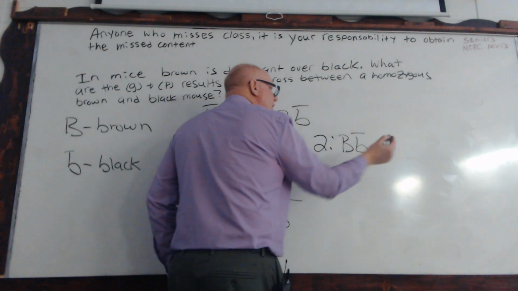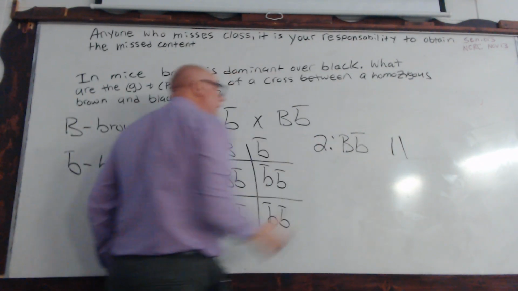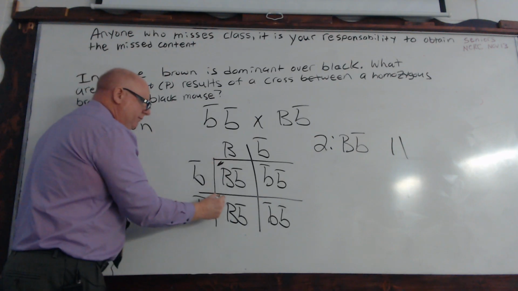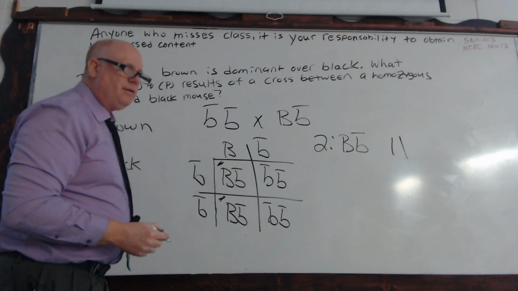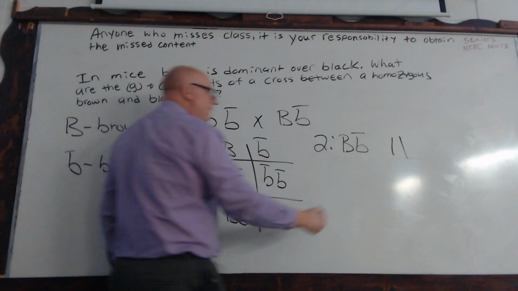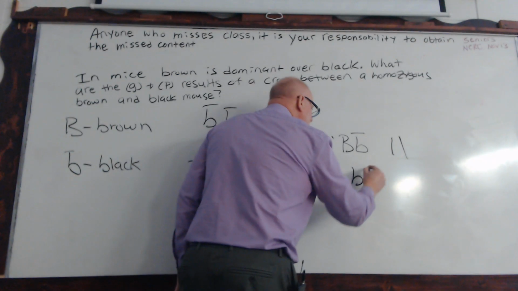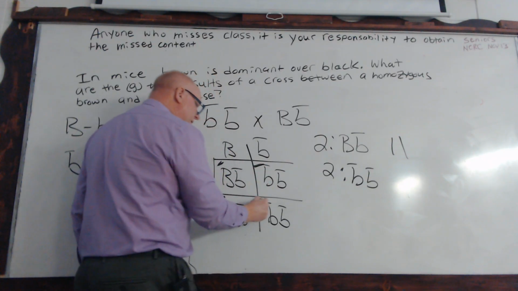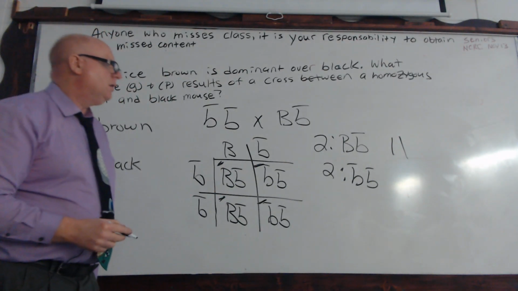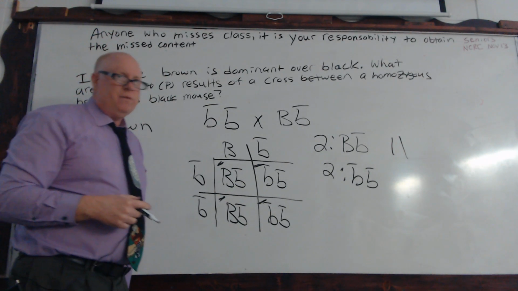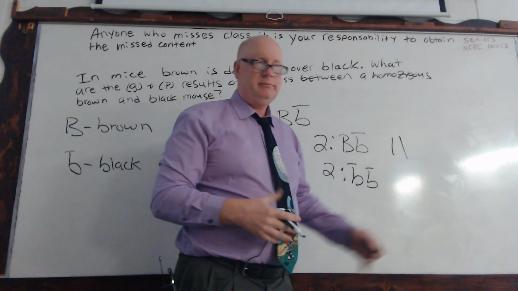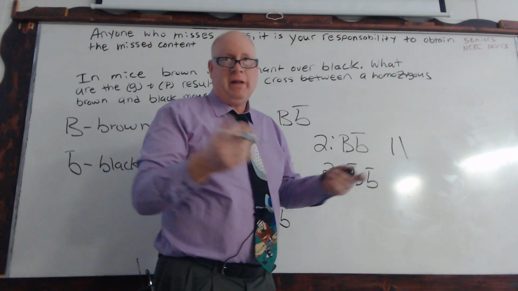Or if you want to put tally marks like we did, that's fine. So we did this one and this one. Then we got two left, right? So now we've accounted for this one and this one. So that takes care of your genotype. Two brown, two black. That's right.